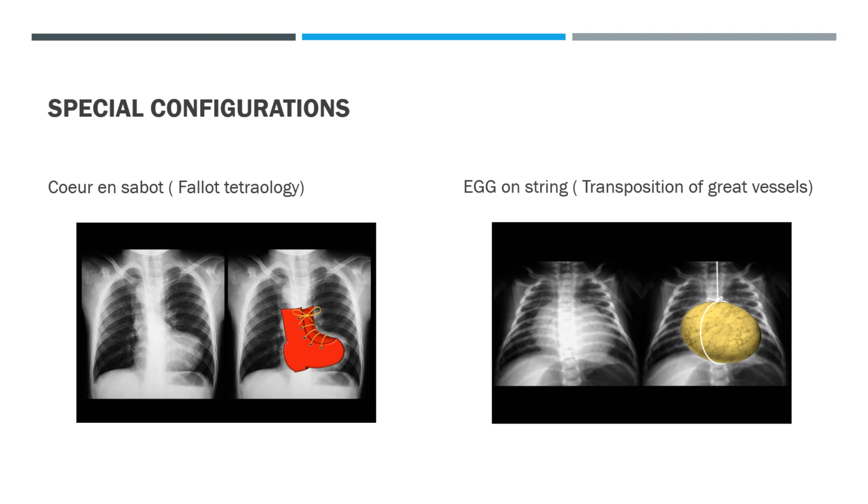Also bear in mind that there might be special configurations for patients with congenital cardiac disorders. The coeur-en-sabot appearance of the tetralogy of Fallot, a small heart with an uplifted apex, an acute cardiophrenic angle, and oligaemic lungs. And there might be the egg-on-string appearance in patients with transposition of great vessels with a very narrow base of the heart.